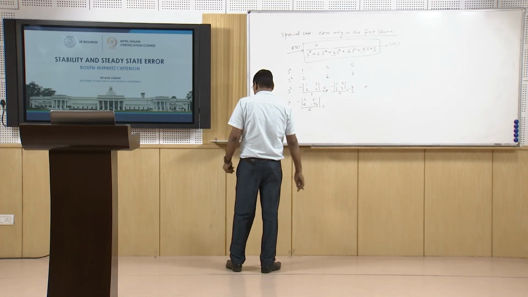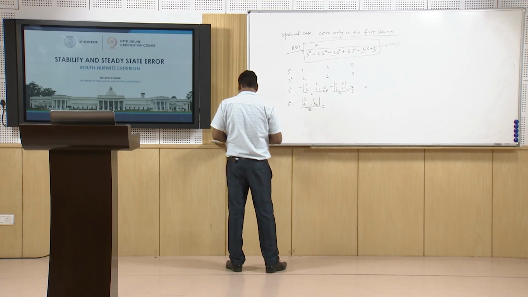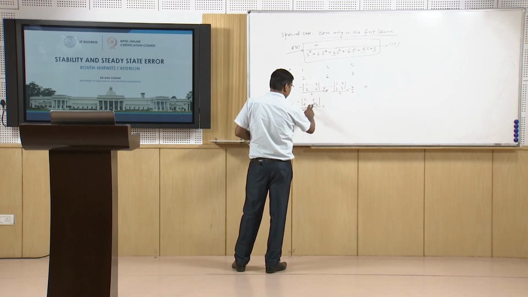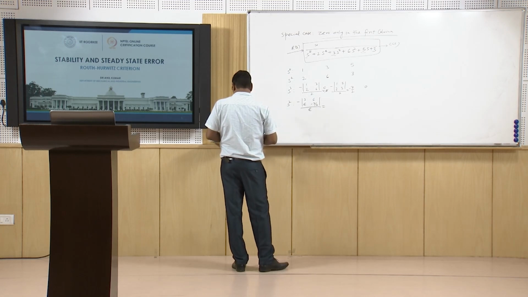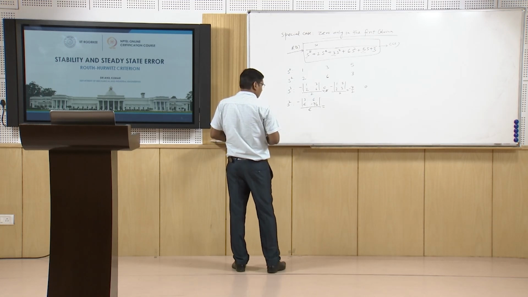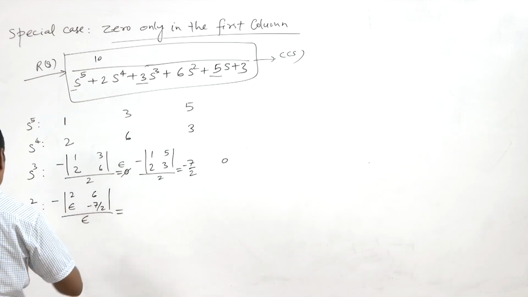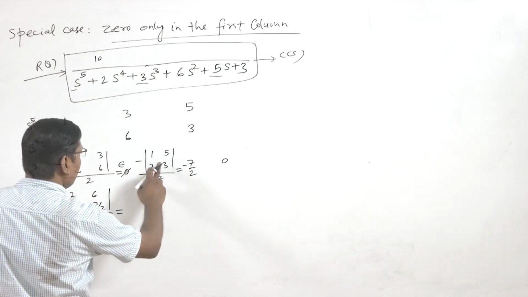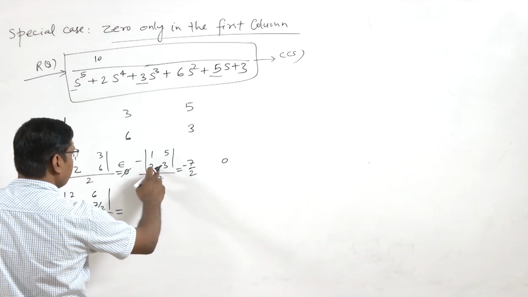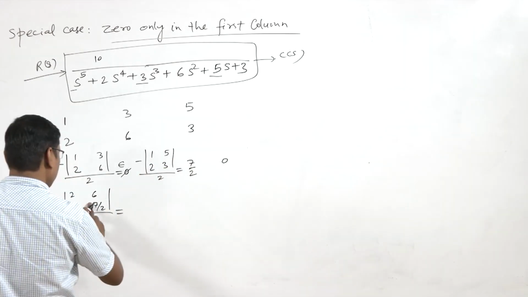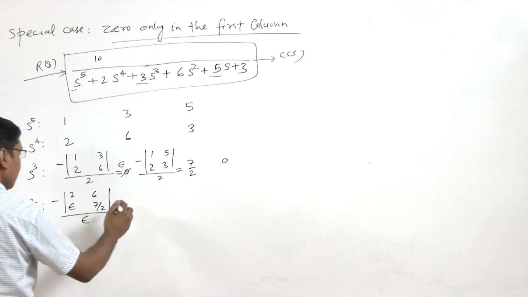So we will get minus 14 by 2 minus 6 epsilon, sorry, minus 7 minus 6 epsilon. So this is 3 minus 10, that is minus 7, so here it is plus 7 minus 6 epsilon.